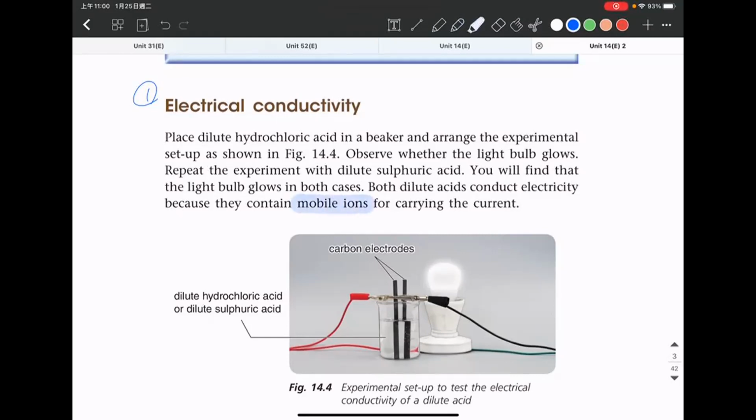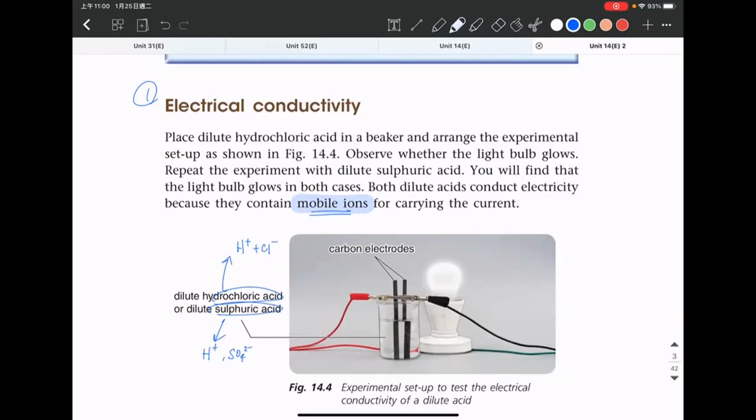Could you please underline the term? Mobile ions are very important. For HCl, the mobile ions are H+ and chloride ions, while for sulfuric acid, we have hydrogen ions and sulfate ions as the major particles which cause the conduction of electricity.